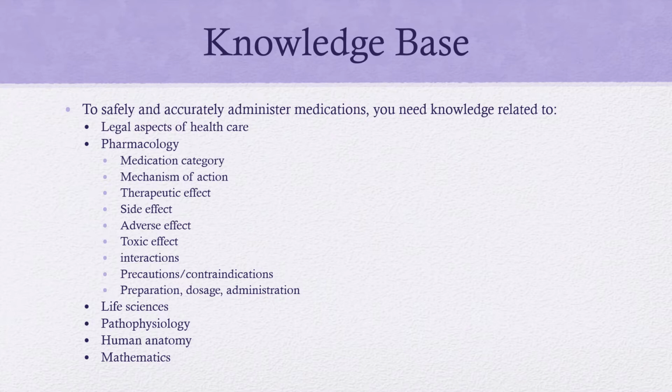So we can see here, we need to know the medication category. What is the mechanism of action? What are those therapeutic effects that we're looking for? What are some of the side effects? We know some side effects actually can be good. Things that happen, we expect to happen, but we actually need to monitor for those toxic effects.